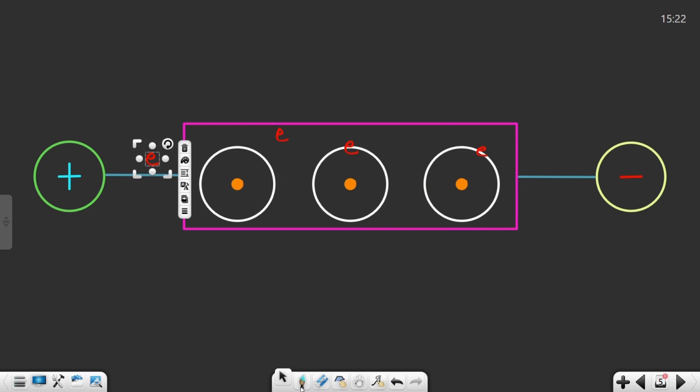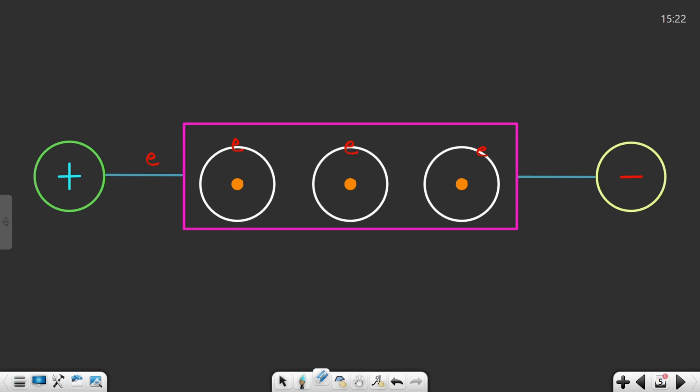Okay, the moment this comes out, this atom becomes positively charged, right? Okay, after that this particular electron comes over here and takes the place of this particular electron, and the positivity of this particular atom vanishes, or this atom becomes neutral.